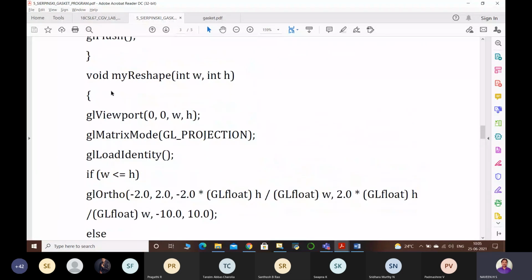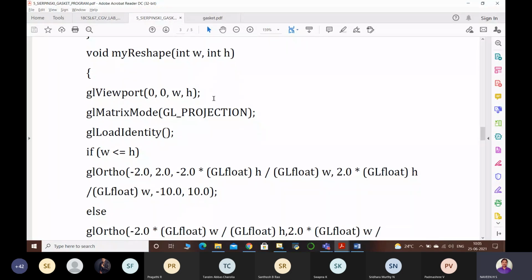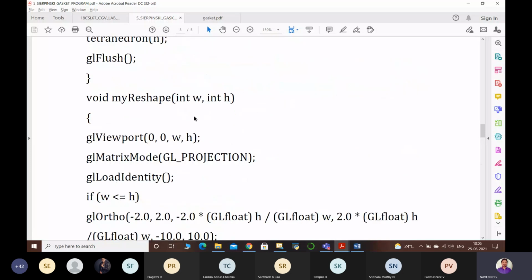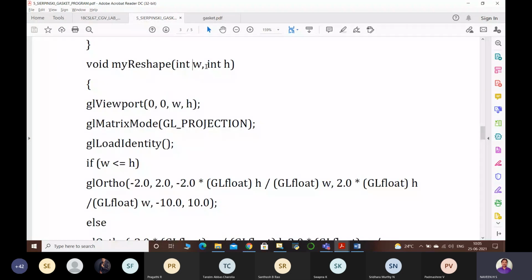Yes, this is void myReshape(int w, int h). Whatever I am passing in the main function as the window size, width and height, that is w and h. Whatever input value I pass there, that value is taken in reshape, so it is int w, int h in my reshape function. And glViewport, you know, right?